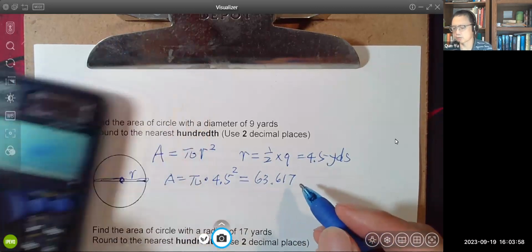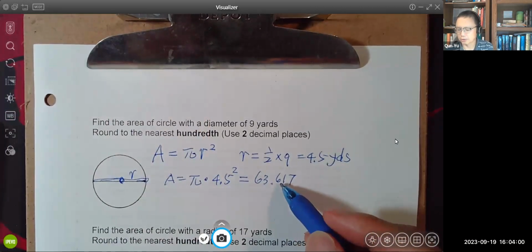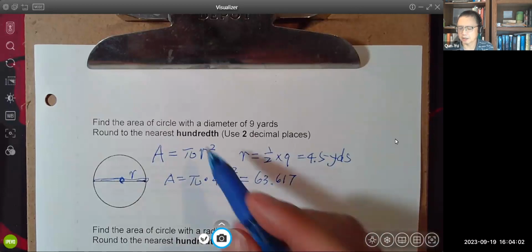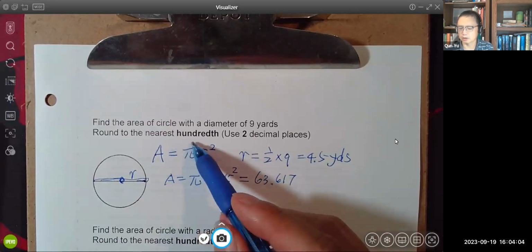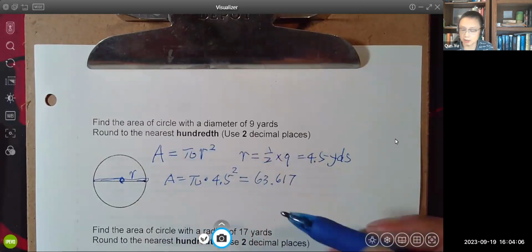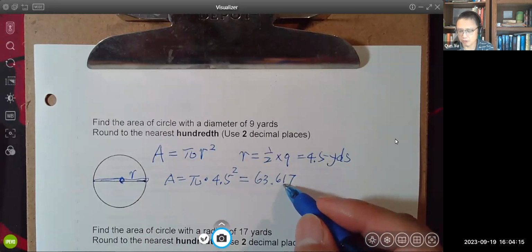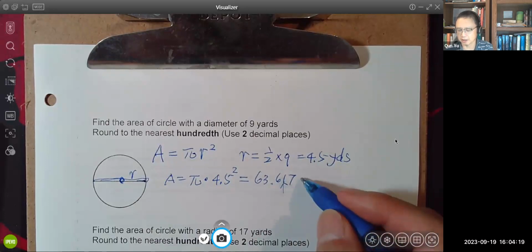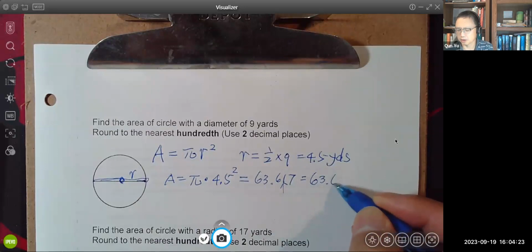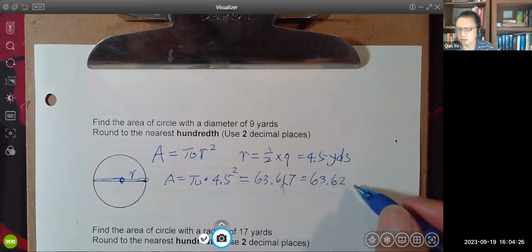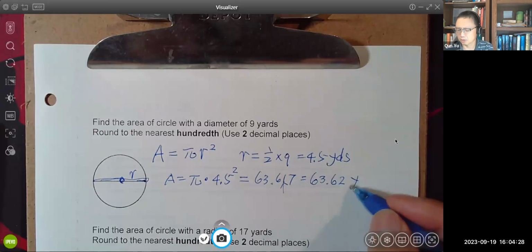I only need to write down 3 decimal digits because I need to round to the hundredth place, which represents 2 decimal digits. Since the third decimal digit is a 7, which is 5 or larger, you round this digit up, in the second decimal place. So the final answer is 63.62. And don't forget the units, square yards.